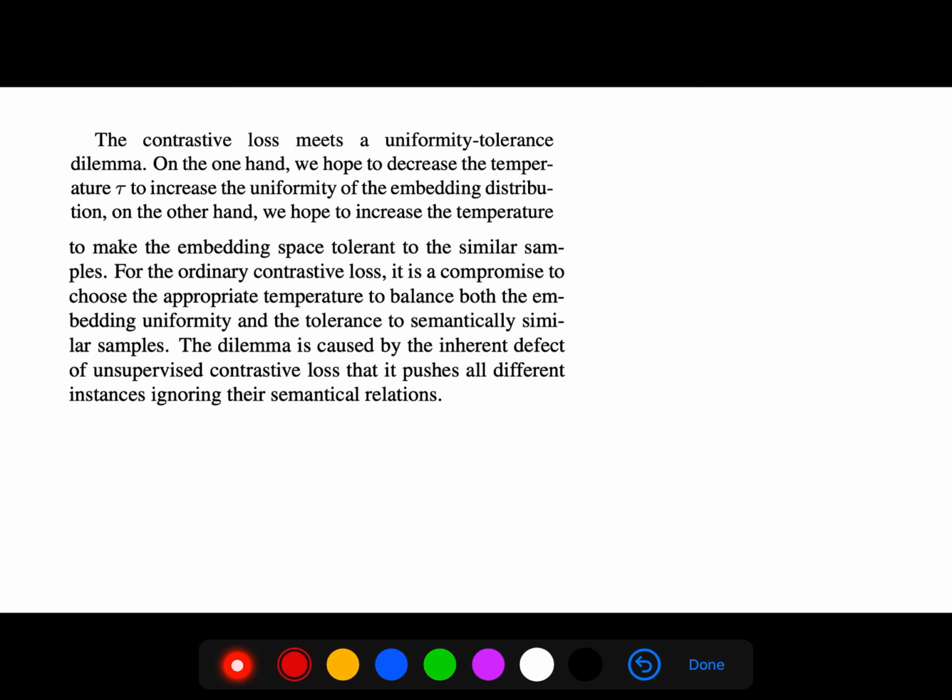On the one hand, we hope to decrease the temperature to increase the uniformity of the embedding distribution. On the other hand, we hope to increase the temperature. Why? To make the embedding space tolerant to the similar samples.